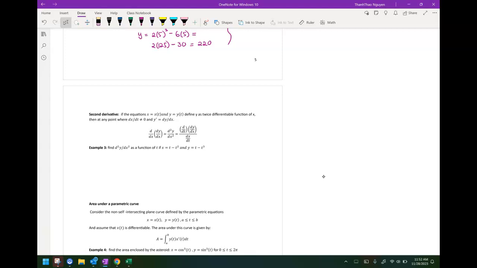So how do we apply that? Let's go ahead and try our first problem. Find the second derivative as a function of t if x is equal to t minus t squared and y equal to t minus t cubed.